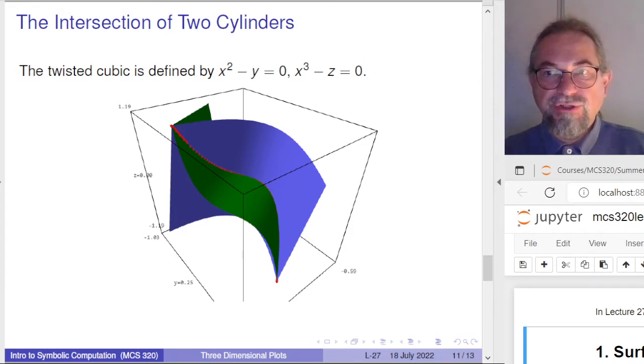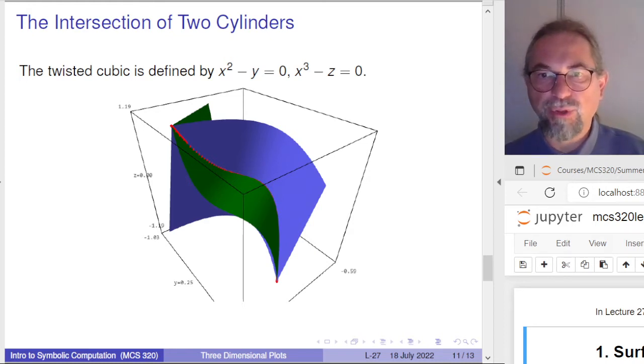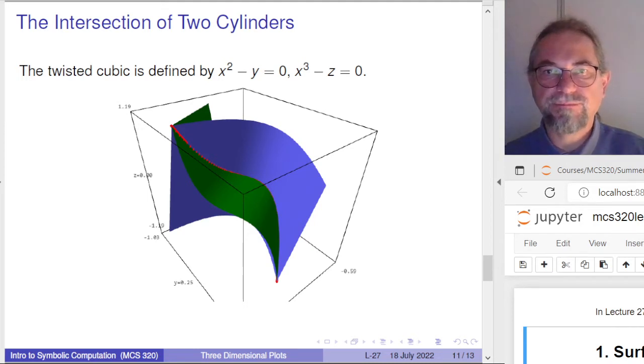Again, by changing the viewpoint, and that's the motivation to go to the Jupyter notebook with the SageMath kernel, one can zoom in, or look at the parabolic nature of this curve, or at the cubic nature of this curve.